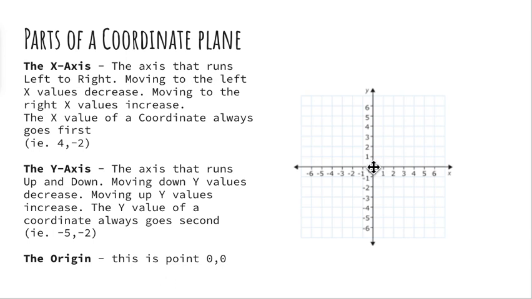You'll see here, dead in the center of our crosshairs or our coordinate plane, there is a 0 value listed there. Because it's dead in the center, we haven't moved up or down on our y-axis, and we haven't moved left or right on our x-axis.